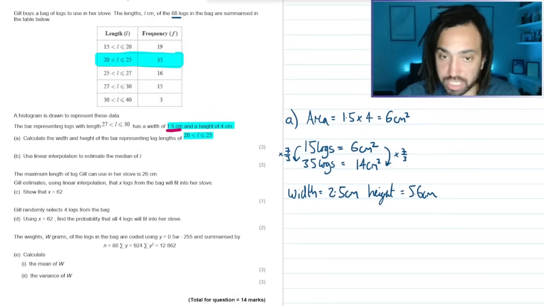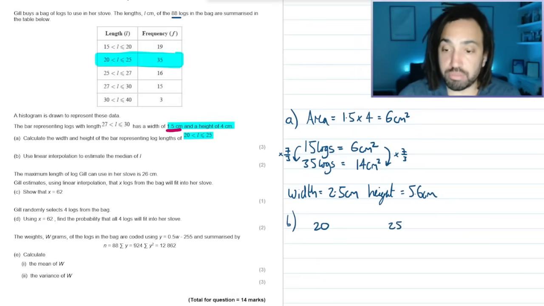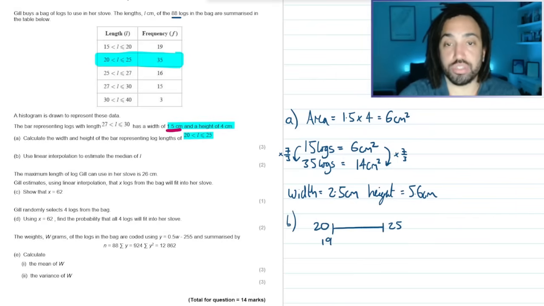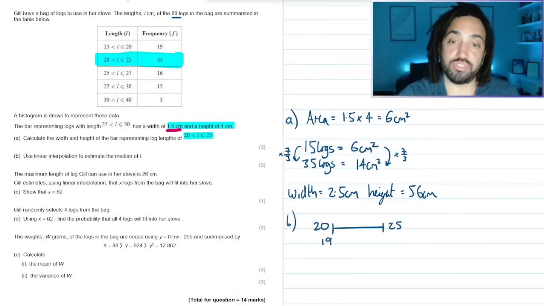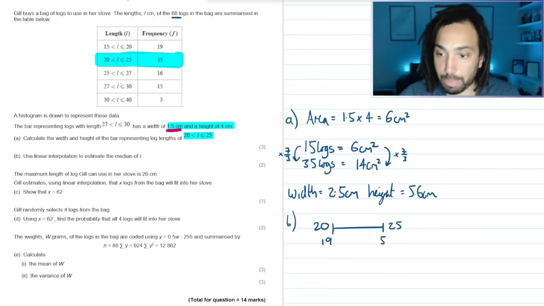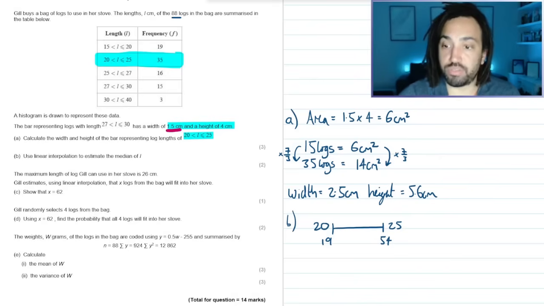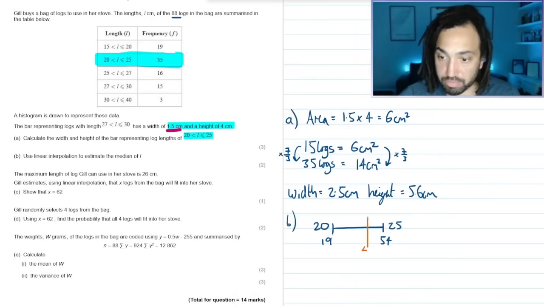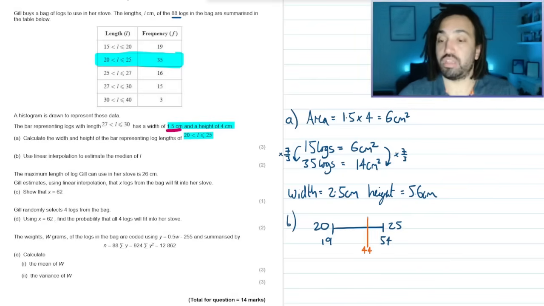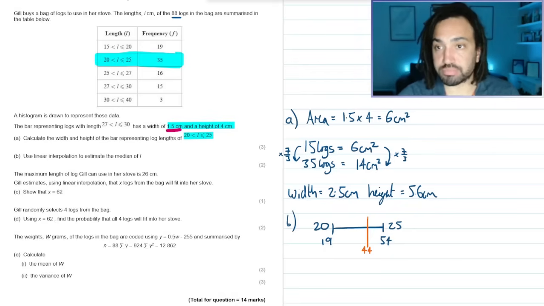So what I do for linear interpolation is I write the width is 20 to 25. The number of logs in here is from 19 up to, add on 35 will give me 54, and I'm looking for the 44th log.